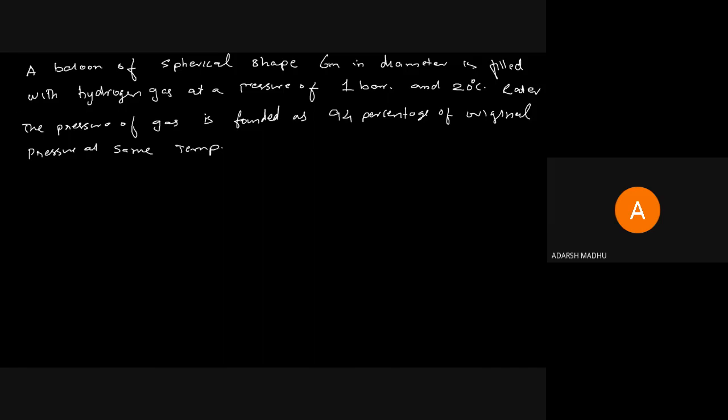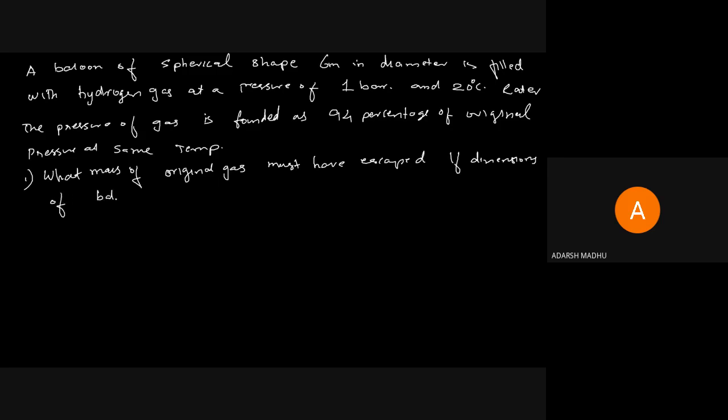Then you want to find out the values. First, what mass of original gas must have escaped if the dimensions of the balloon don't change. The size of the balloon is not changing. When it doesn't change, if the pressure drops to this point, how much mass must go out? What mass of original gas must escape?